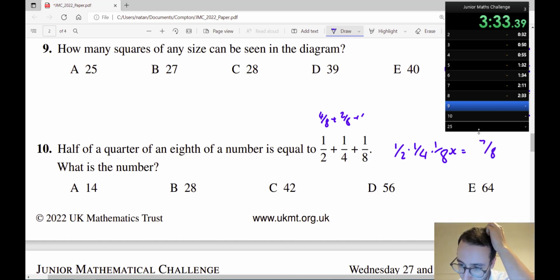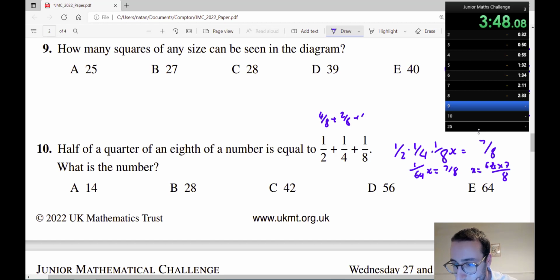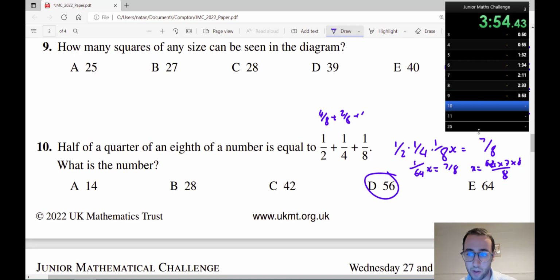Multiply those all together, I get 1 over 64 x equals 7 over 8. So really I'm doing x equals 64 times 7 over 8. Cancel out an 8 there, it's 7 times 8, that's 56. Okay.